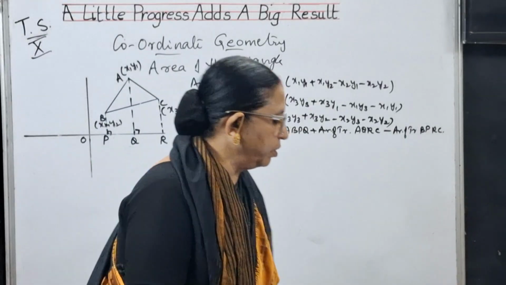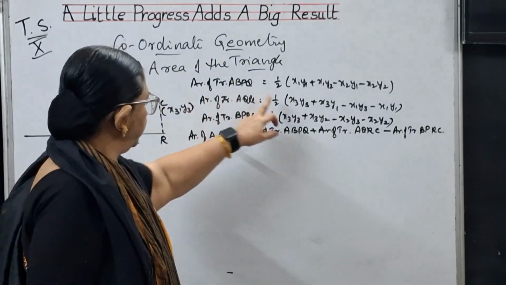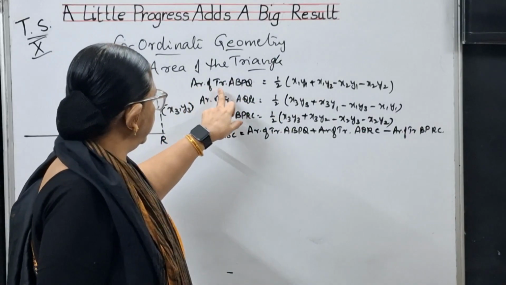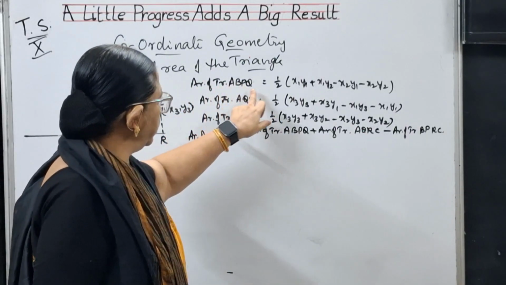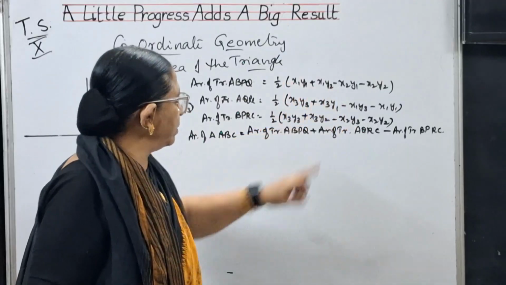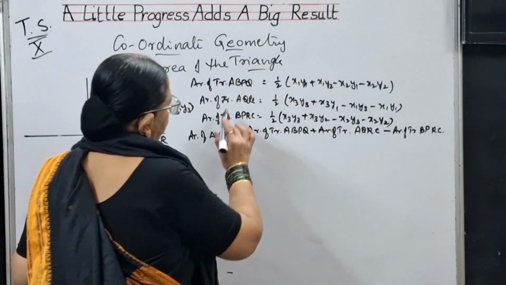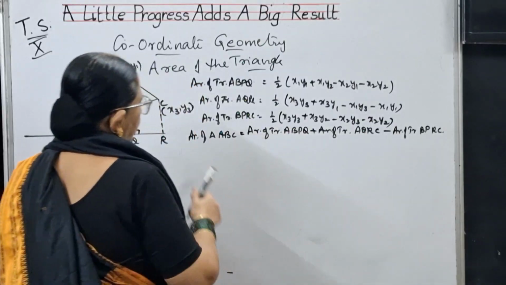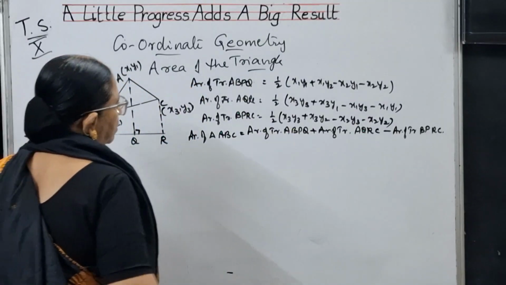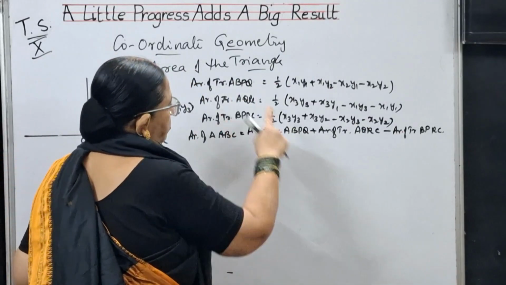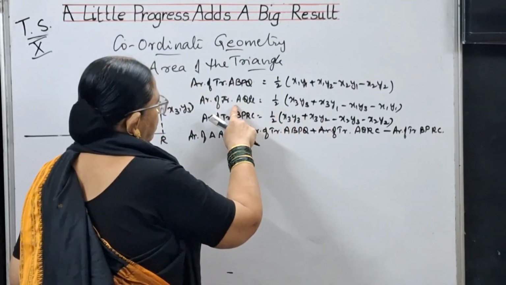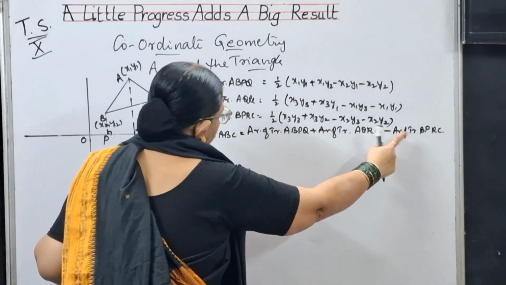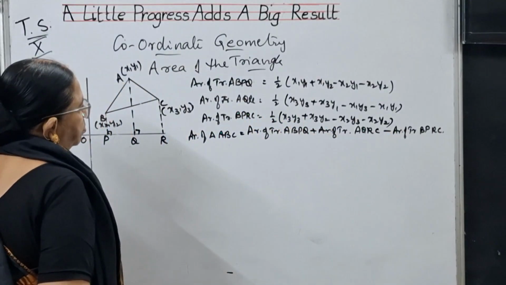Now children, we have got these values in the previous video. The area of trapezium ABPQ is this. Area of trapezium AQRC is this. Area of trapezium BPRC is this. So how will you get the area of triangle ABC? Area of trapezium ABPQ plus area of trapezium AQRC minus area of trapezium BPRC.